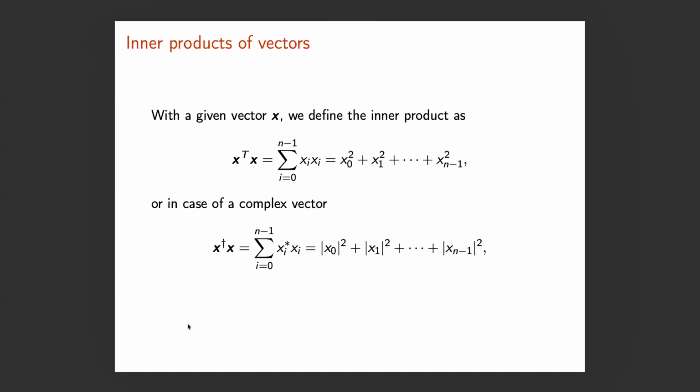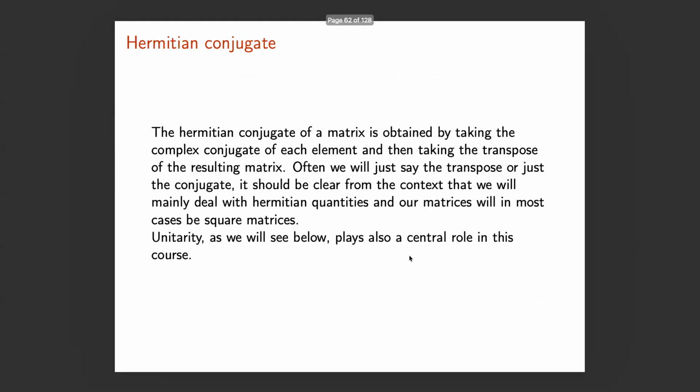We also know that we have the inner product, and in case we have a complex vector, it is given like that. I hope you don't get offended if I remind you of some of these basic things. The Hermitian conjugate, as you know, is obtained by taking the complex conjugate and then taking the transpose.